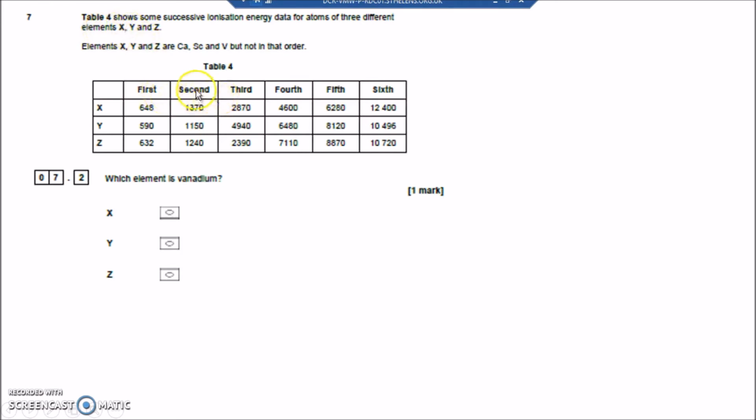Question 7, so we've got some ionization energy data. So first of all, why do the successive ionization energies increase? Well, the number of protons aren't changing. Every time you remove an electron, from the first, second, third, fourth, fifth and sixth ionization energy, the attraction from the protons in the nucleus isn't changing, but the number of electrons is decreasing.